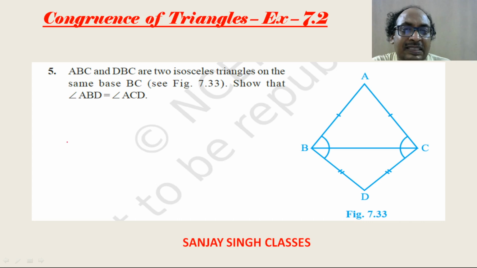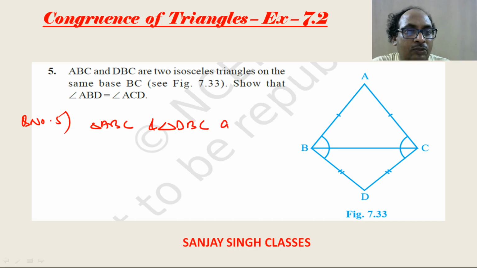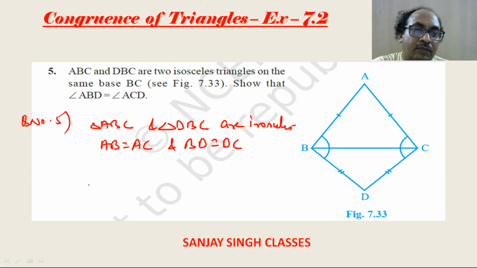Now, in question number 5, ABC and DBC are two isosceles triangles. It is given to us. Triangle ABC and triangle DBC are isosceles with the same base BC, and we are given that AB is equal to AC and BD is equal to DC, right?